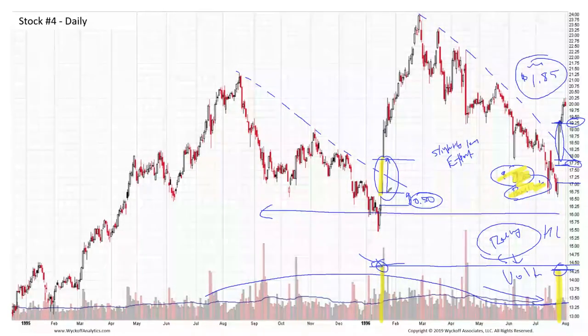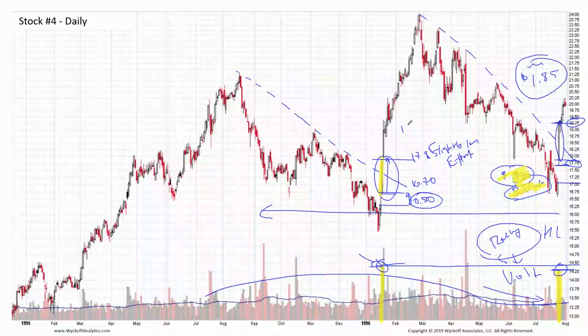Okay, and here we have maybe 17.85, and here the low is about 16.70. So $1.15.